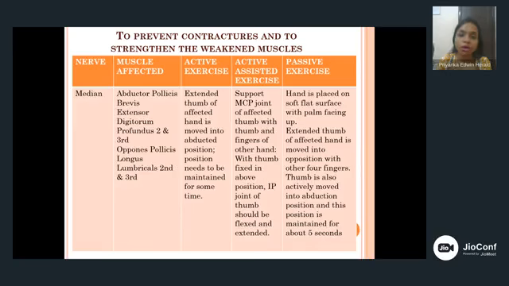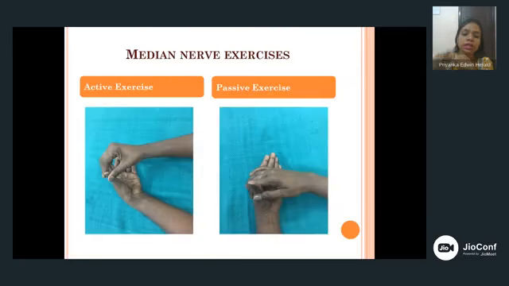If the patient is not able to do so, then we assist the thumb to oppose all the fingers, and we assist the thumb to abduct. And if at all he is not able to do, then we passively extend the thumb and passively abduct the thumb, like you can see in these pictures. If the patient is not able to do, then we have to do it passively for him.